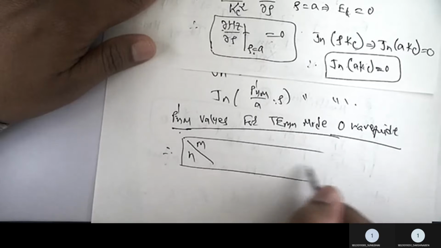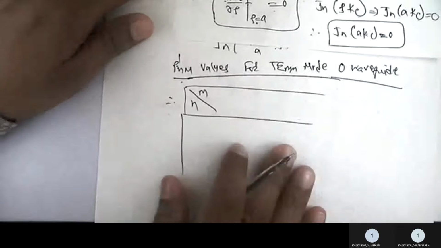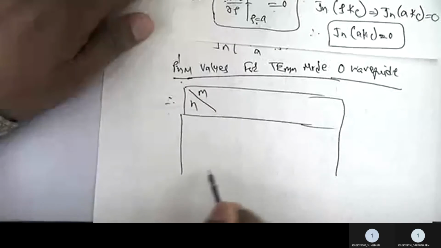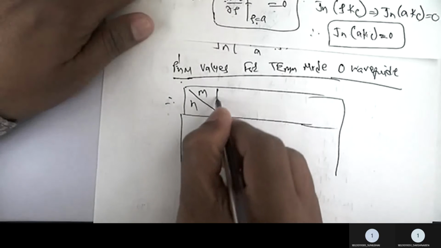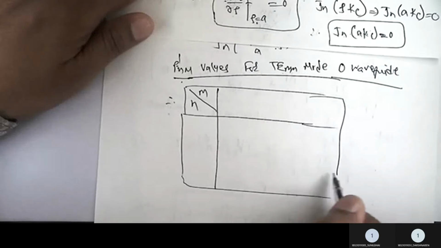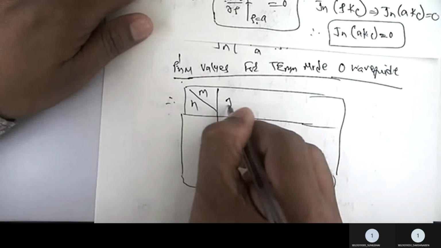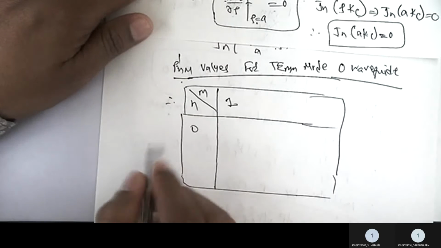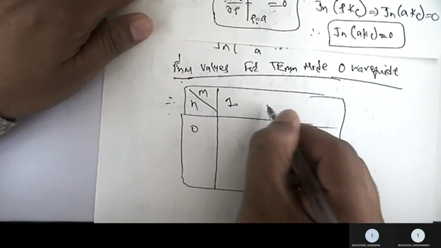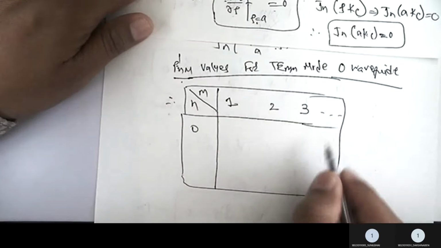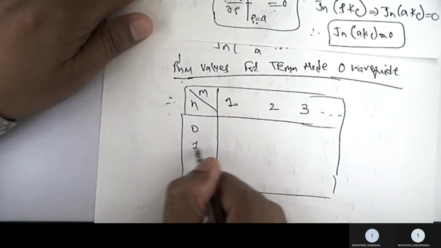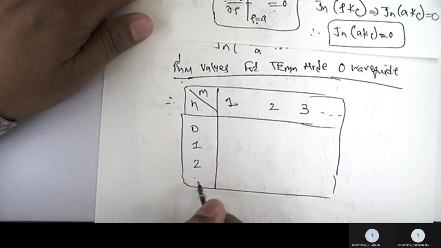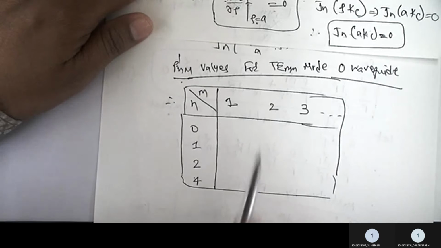So for different values of m and n, I can write it in this way. If you have n equal to 0, 1, 2, for example, and m equal to 1, 2, 3, any number, you can go to higher numbers.